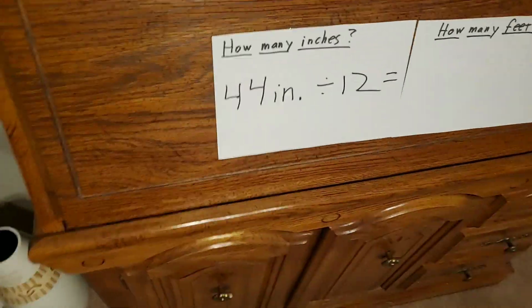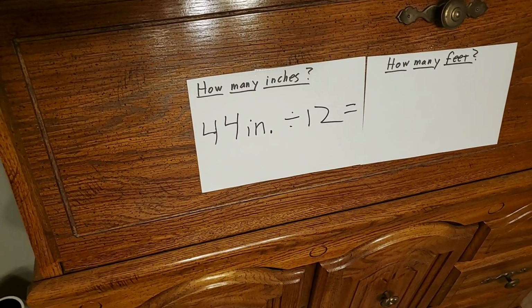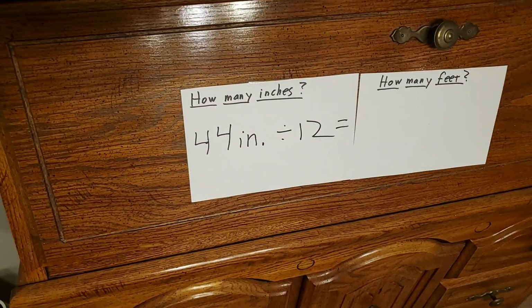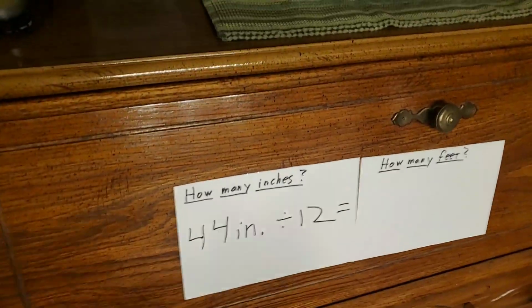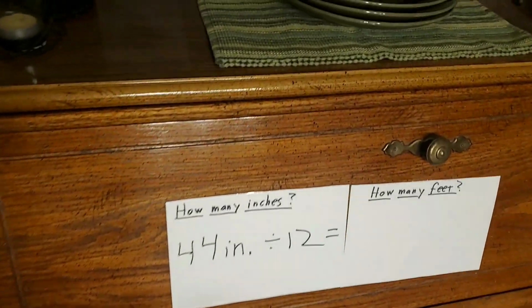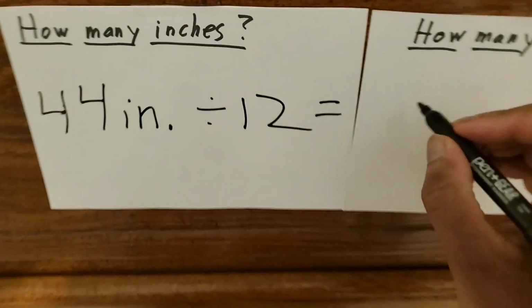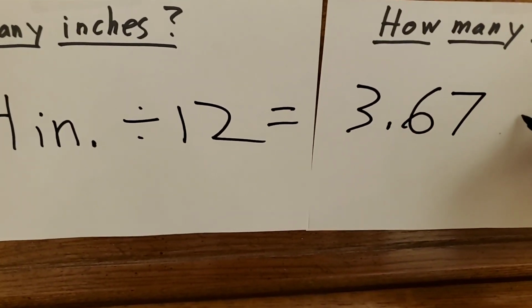Let me see if I can find my calculator. 44 divided by 12. When I take my calculator, and you may use your calculator for this assignment also, 44 inches divided by 12 equals 3.67 feet.